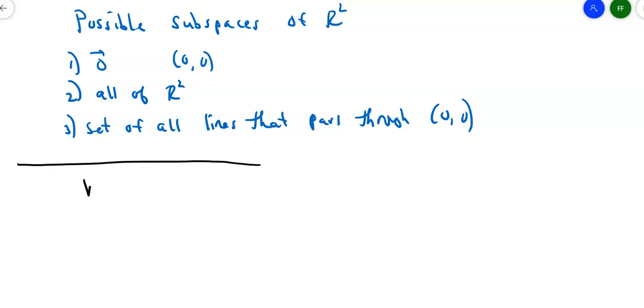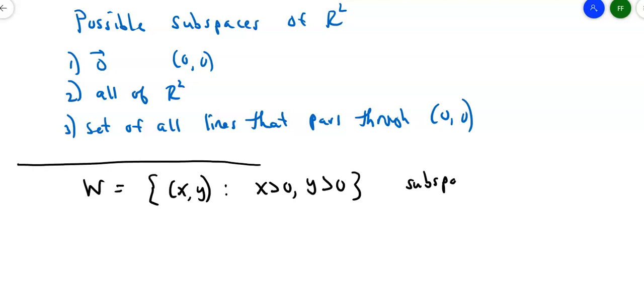So suppose I have W defined this way. Here's how you'll see this defined somewhere: (x, y) such that x is greater than 0, y is greater than 0. Is this a subspace of R2? Well, I have to check under addition and under scalar multiplication. Under addition is fine. If you add a positive value plus a positive value, you'll get a positive value.